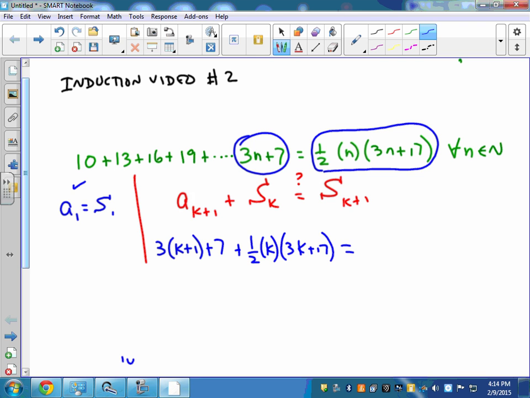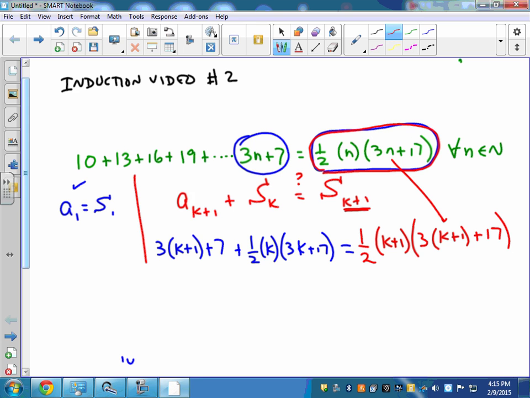And on the right side, this is the tricky one. We're going to go back into here, but now we're going to replace the letter n with k plus 1 in parentheses. So 1/2 times k plus 1 times 3 times k plus 1. Be careful, there's nested parentheses here, right? The n is being replaced with k plus 1.